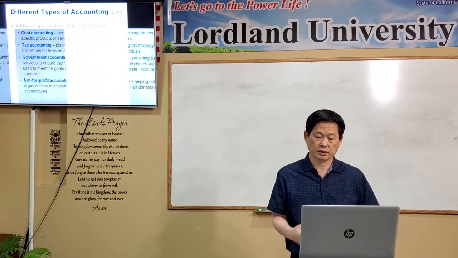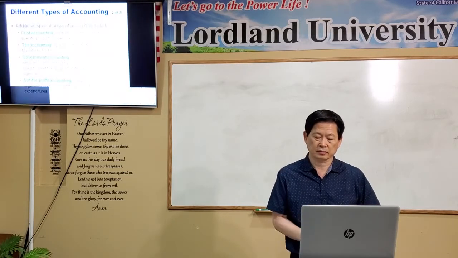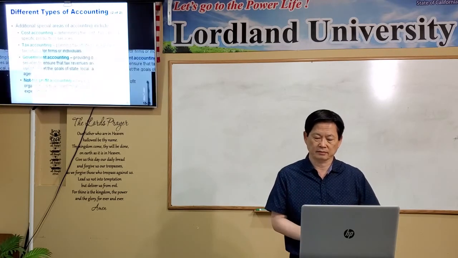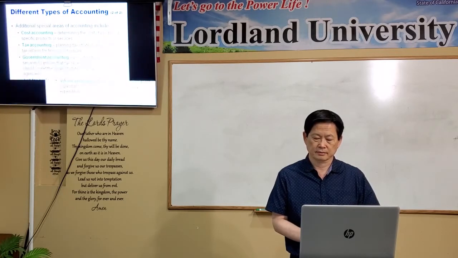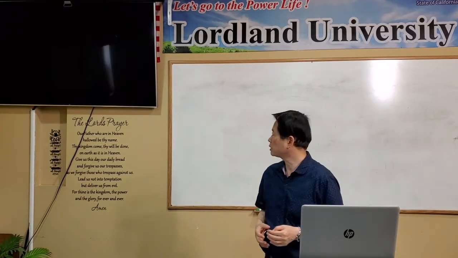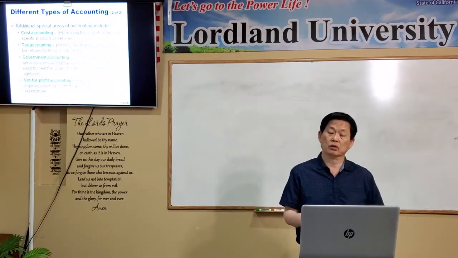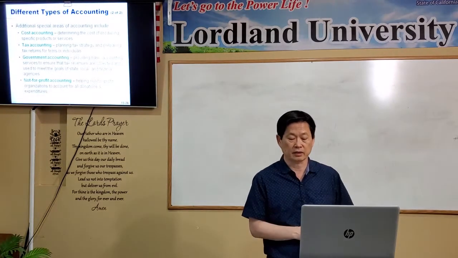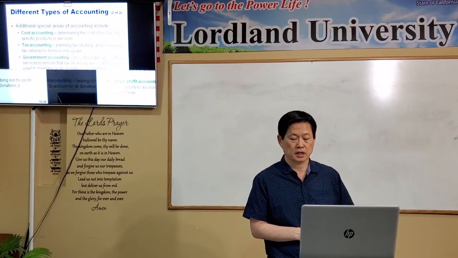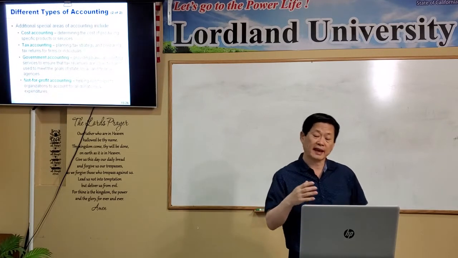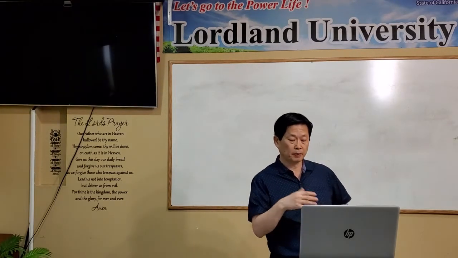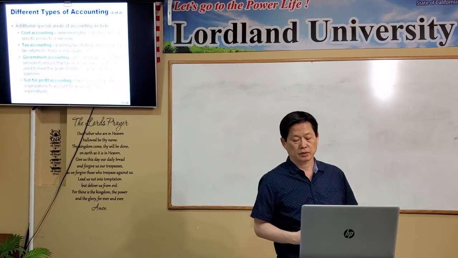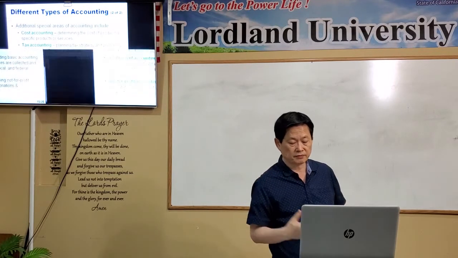Cost accounting, tax accounting, government accounting, not-for-profit accounting. Cost accounting determines the cost of producing specific products. Tax accounting is for planning tax strategies and for preparing tax returns for individual persons and business firms.